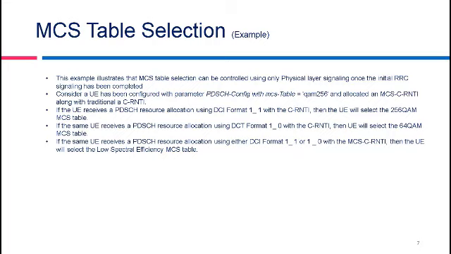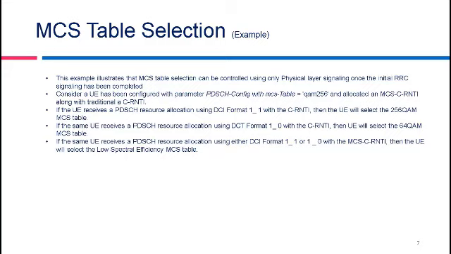If the same UE receives a PDSCH resource using DCI 1_0 with C-RNTI, then this UE will select 64 QAM. So we can see here, just by changing the DCI format from 1_1 to 1_0, the MCS table is changed from 256 QAM to the 64 QAM table.